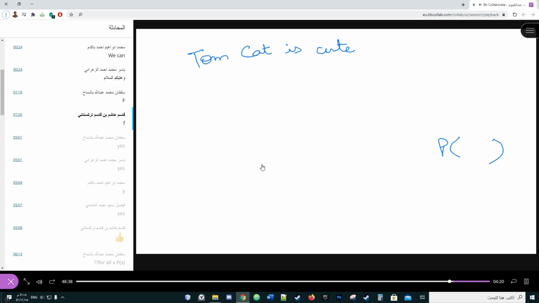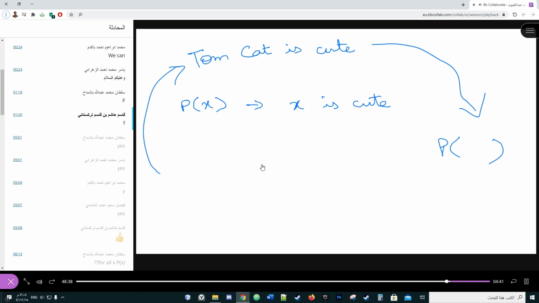So the first thing I'll do is I'll come up with the function. So I say p of x denotes x is cute. Okay, and then to translate this statement, all I need to do is write p of Tomcat. So what does this mean based on this definition? So this means Tomcat is cute. Is that clear?